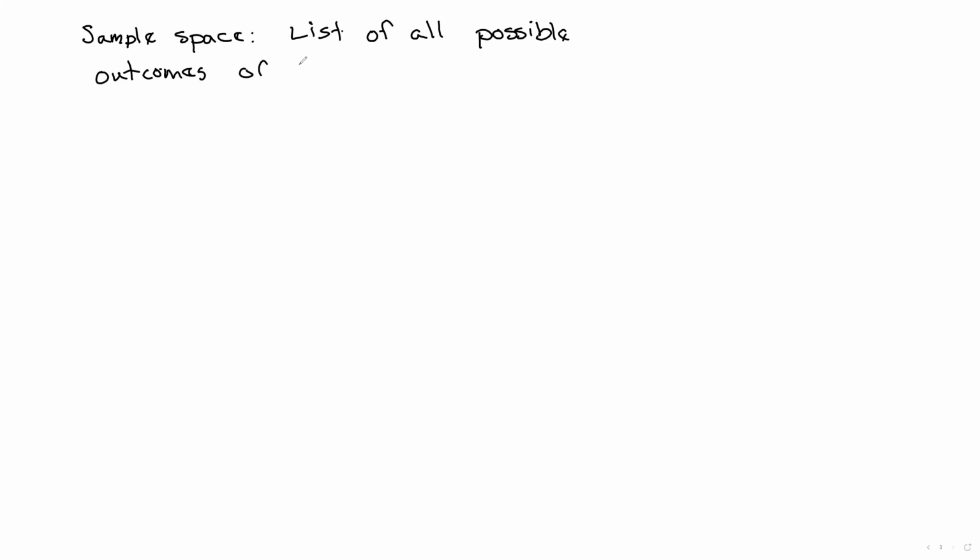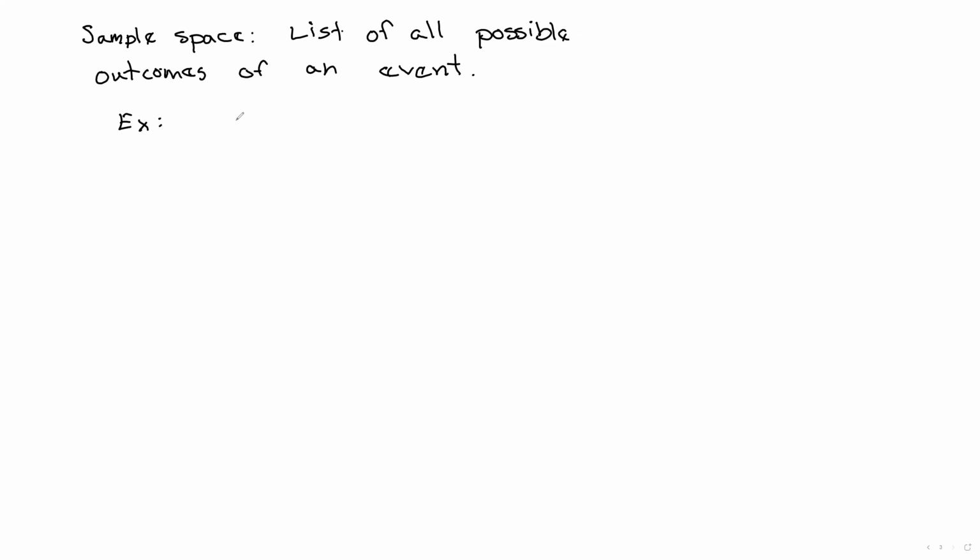All right, next, sample space. This is the list of all possible outcomes of an event. And we typically use capital letter S. So some examples of sample spaces.